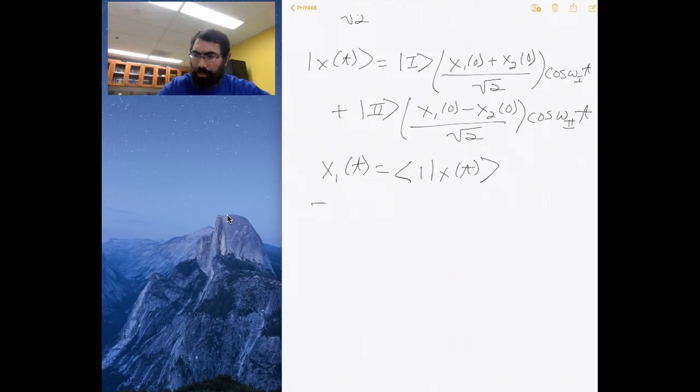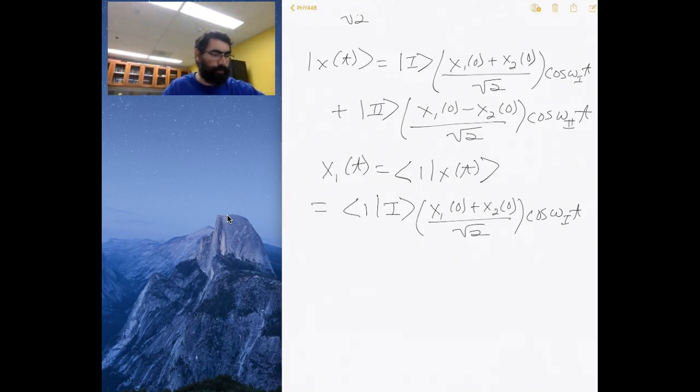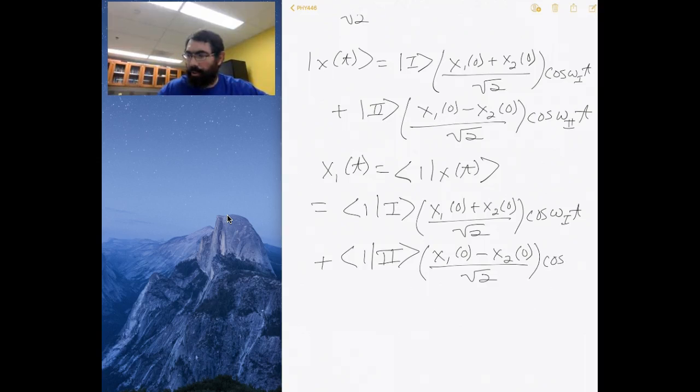If I write that out, I would have (1, 0) inner product with the basis state Roman numeral 1 times the initial condition times the cosine of omega 1 t, plus the basis 1 times the basis Roman numeral 2 times the initial condition for state number 2 times the cosine of omega 2 times t.